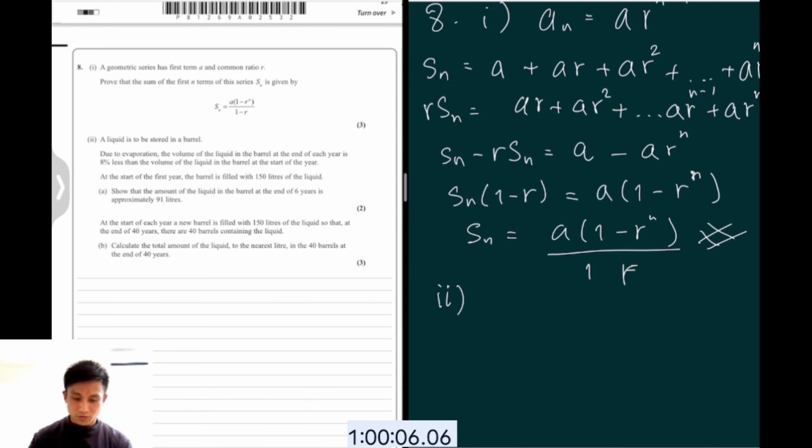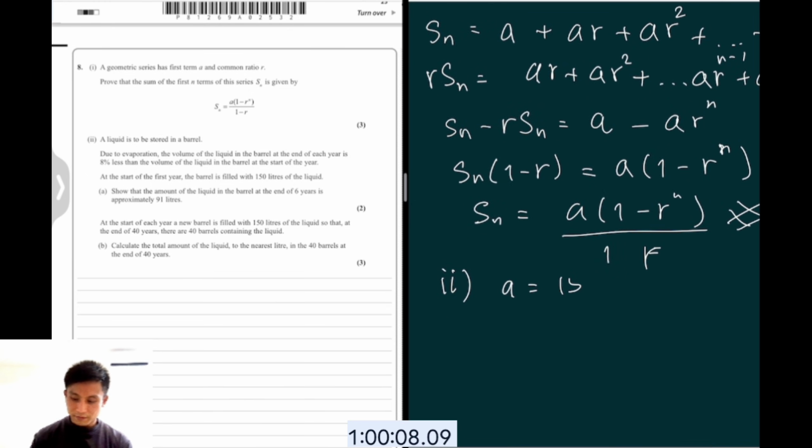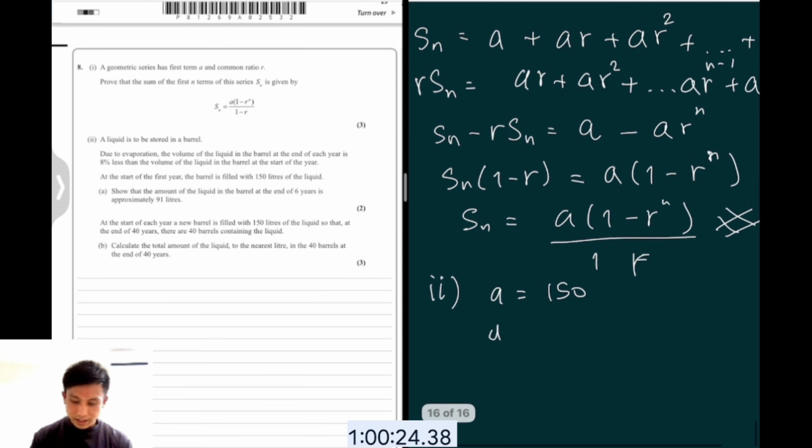Okay, so A is 150, then, yeah, this is basically just depreciation because it gets smaller and smaller. Yeah, so we find A6 basically. This is not the sum yet, it's just A6 because you keep multiplying by 0.92 to find whatever is left in the 6th year, right?